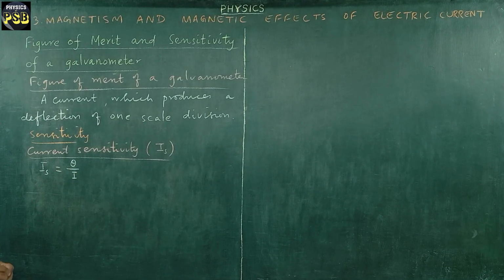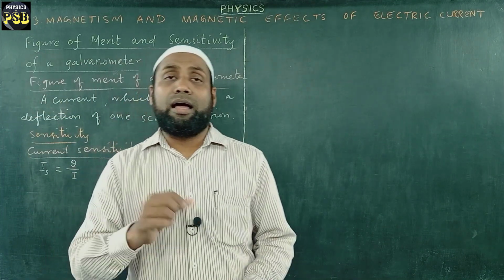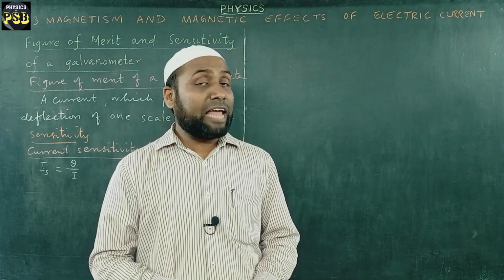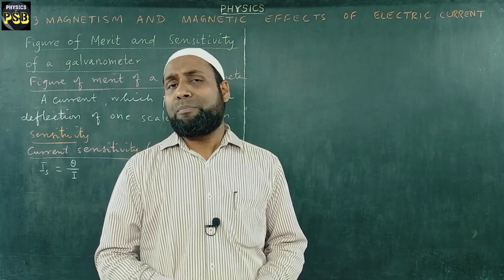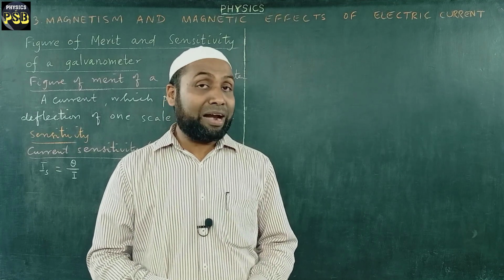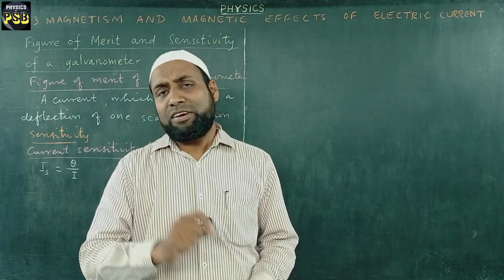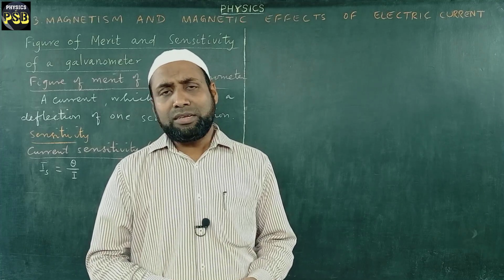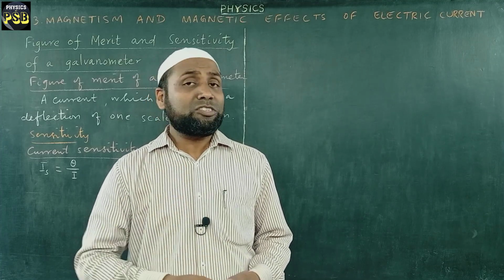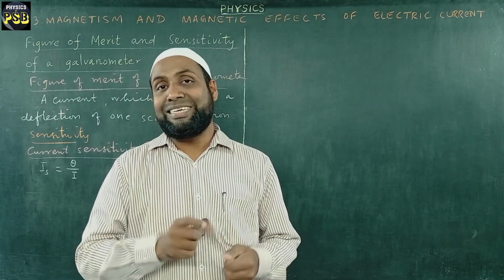We know a galvanometer consists of a rectangular coil, through which when we pass current, it deflects in the presence of uniform magnetic field. This produces deflecting couple. As a result, the phosphor bronze strip with which it is suspended gets twisted.